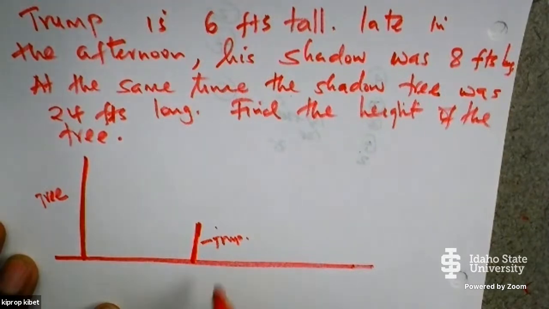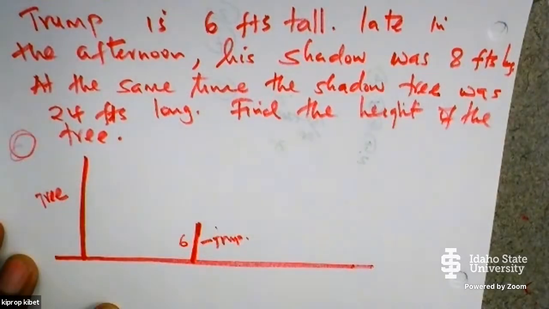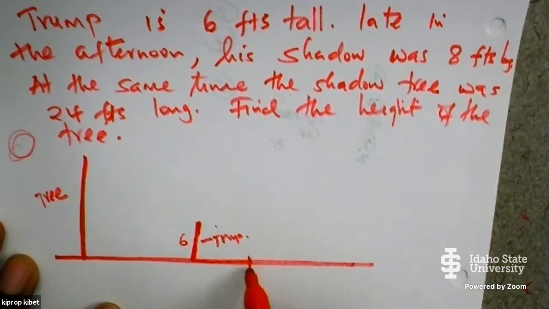Now, this guy is how many feet? 6 feet tall, right? Then he has a shadow. Let's say the sun is somewhere there. So this guy, his shadow will be 8 feet. So his shadow will be here.